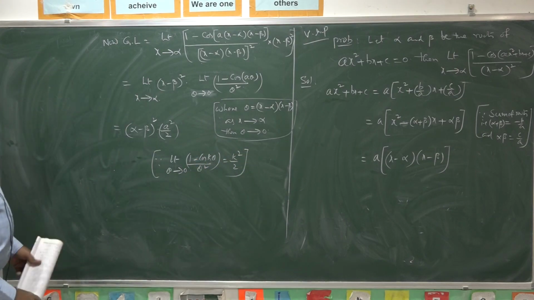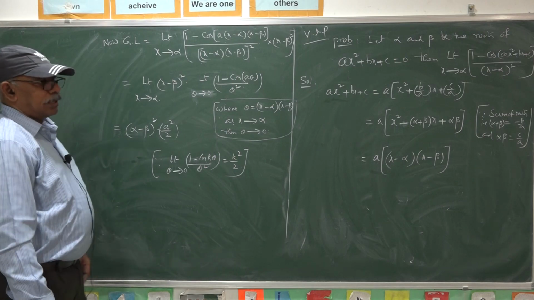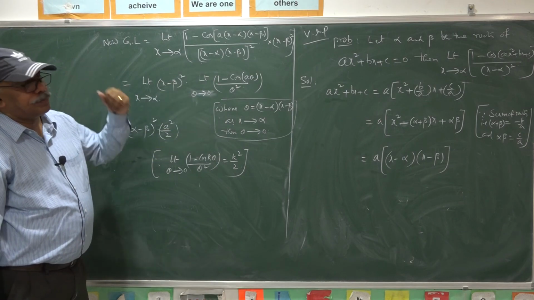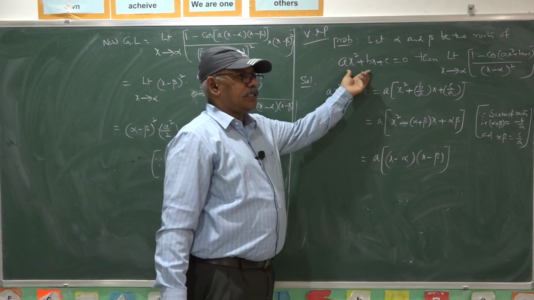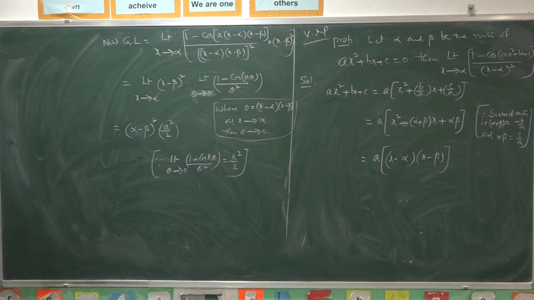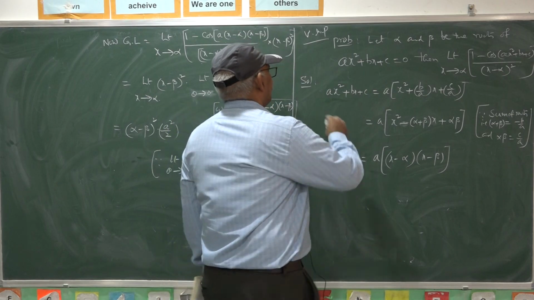This is our formula already given to you. So, (alpha minus beta) whole square into a square by 2 is the required limit of the function once alpha beta are the roots of this quadratic equation. A square by 2 into (alpha minus beta) whole square is the required limit.